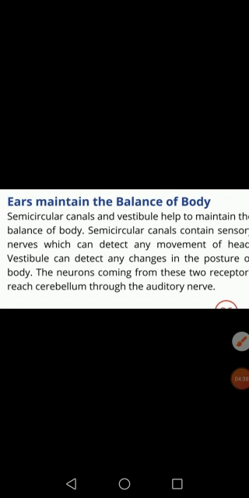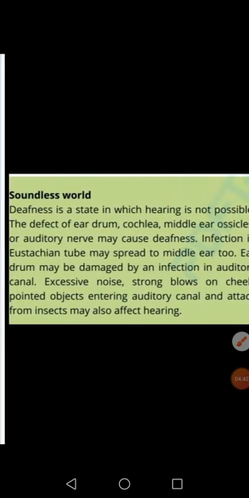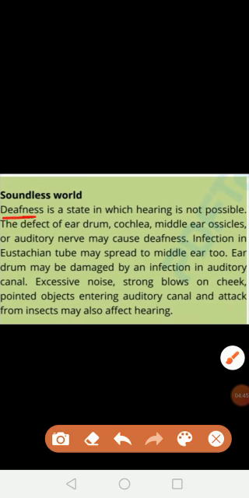And now there is some information given, like the soundless world, about deafness. Deafness is a state in which hearing is not possible. When you cannot hear what is around you, it is a state of deafness. There may be defects of the cochlea, middle ear, ossicles or auditory nerve.